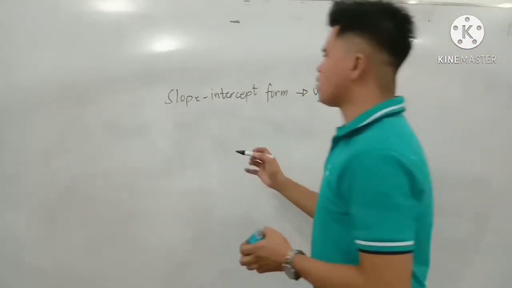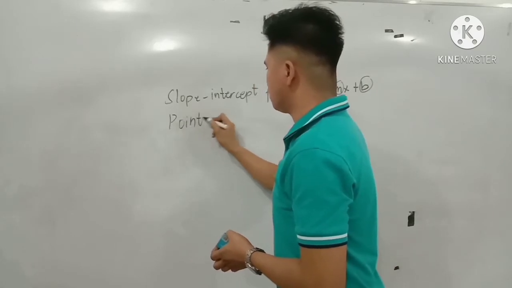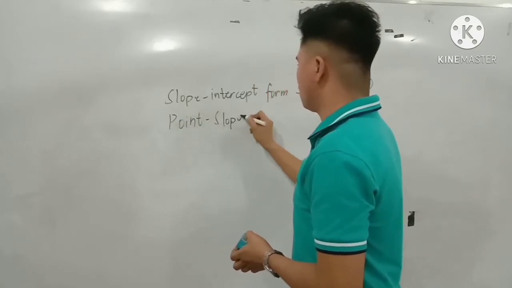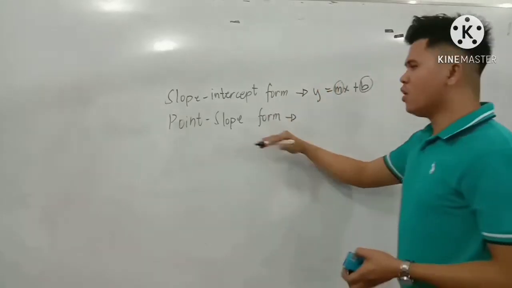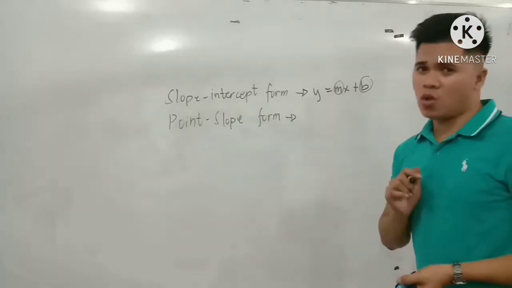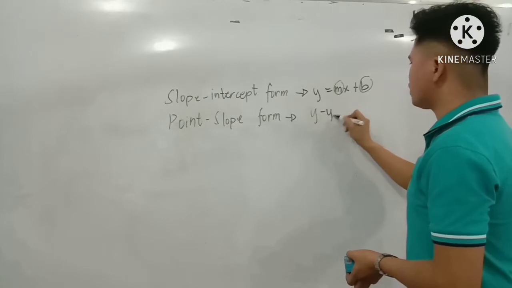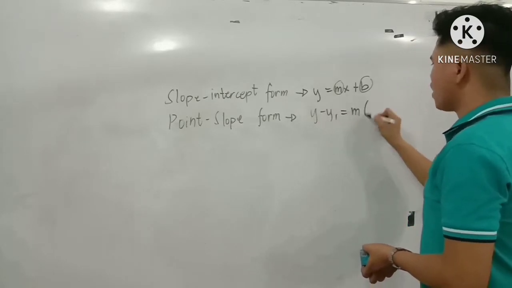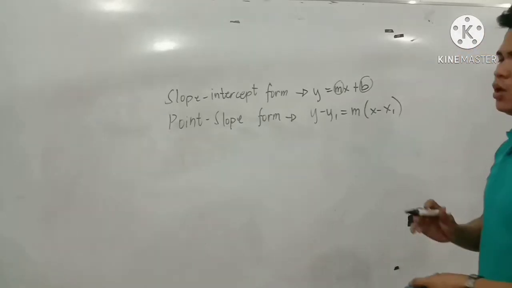Another form is what we call the point-slope form, wherein there is a given point and a slope. The equation of this form is y - y1 = m(x - x1).